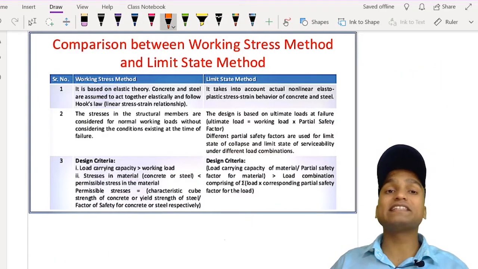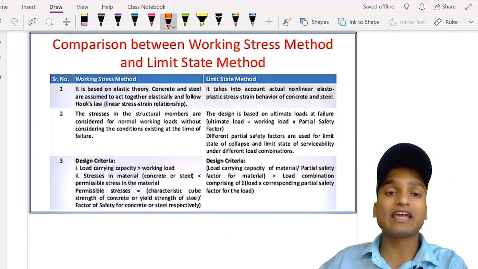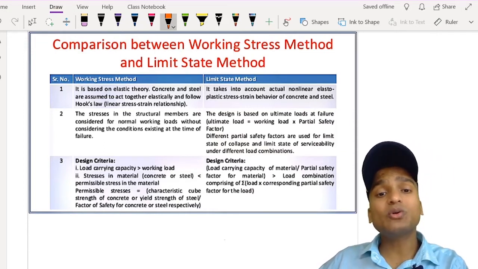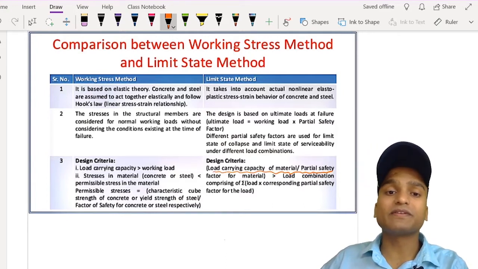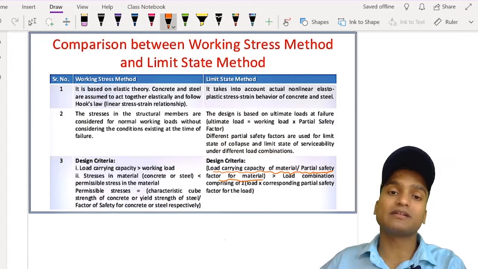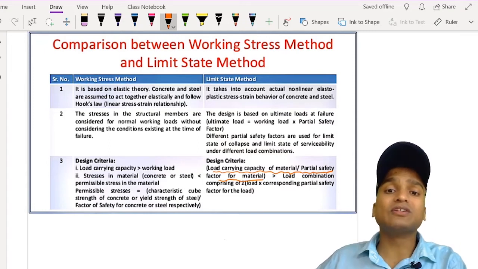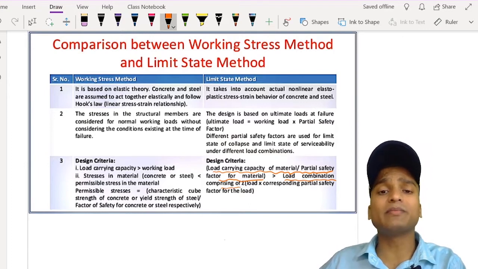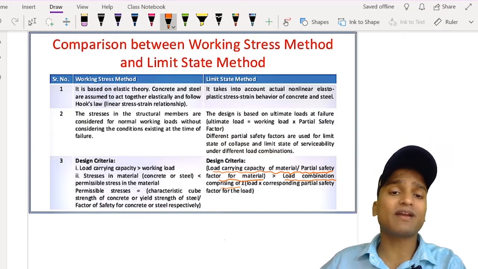Now the only design criteria that we have to satisfy in the limit state of collapse is that load carrying capacity of material when divided by the partial safety factor for that material, it must be greater than the load combinations comprising of all the summation of loads multiplied by corresponding partial safety factor.